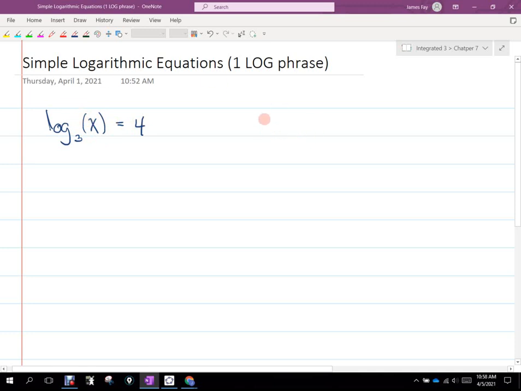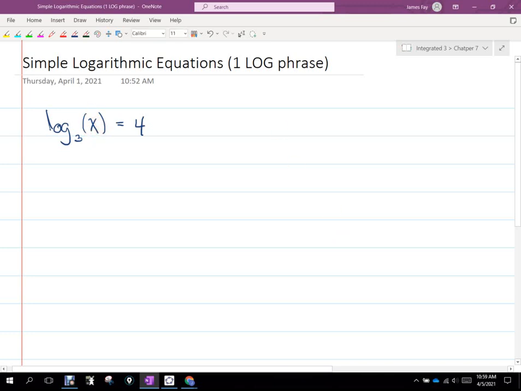So if I gave you something like this, log base 3 of 12 equals x, even though the log is here, this is not a logarithmic equation. That's where the x is. This is a logarithmic equation.